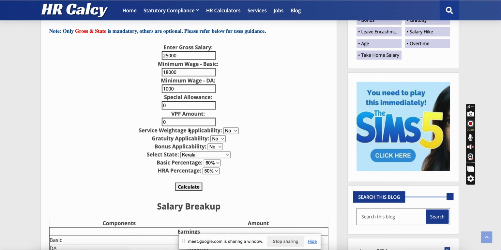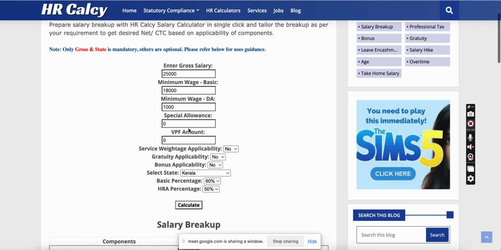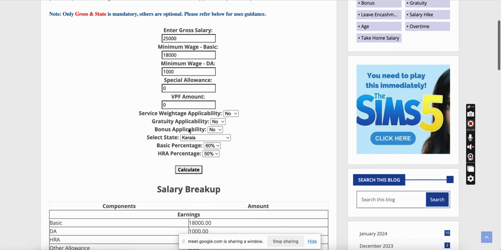Now there is also one rule which I could not show you in the Excel sheet. I'll show you here: something called service weightage applicability. This service weightage concept is only for Karnataka. No other state is following that.